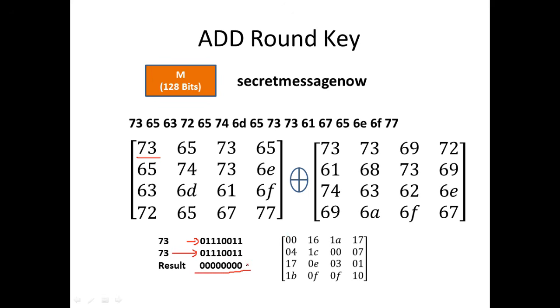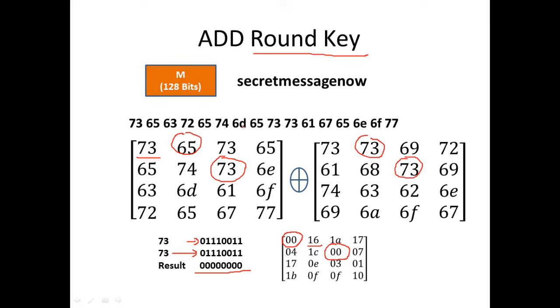So in the output matrix you're going to get 00 as the value. Like that, you take 65 and 73, you perform an XOR, the value will be 16. So you have a 73 here and a 73 here. If you perform an XOR, the value is 00. So this is the first step, that is called add round key.